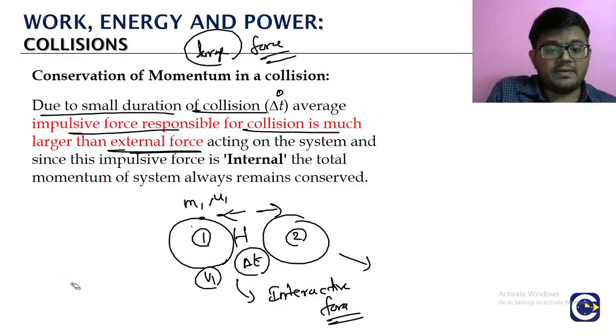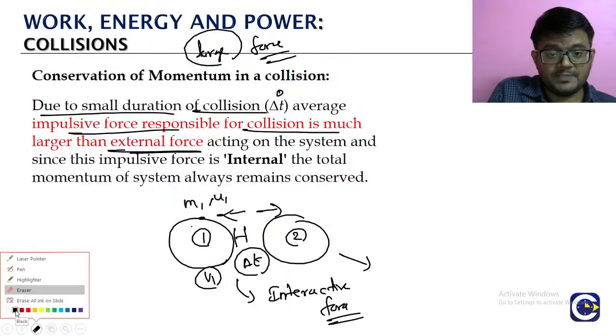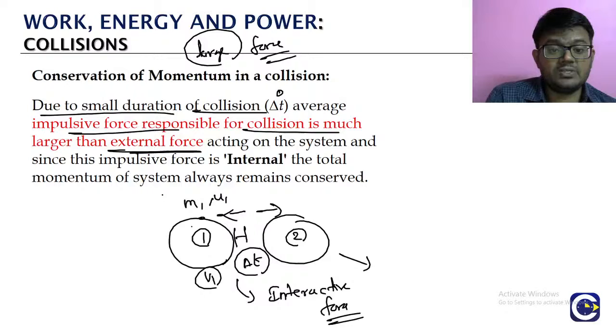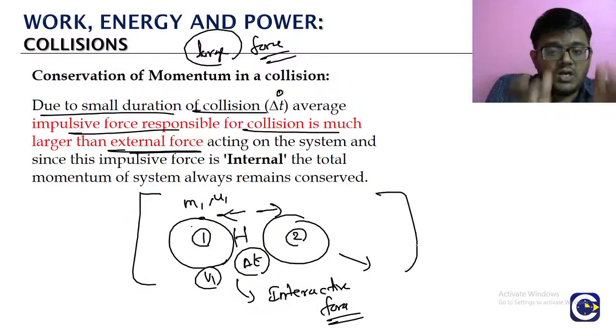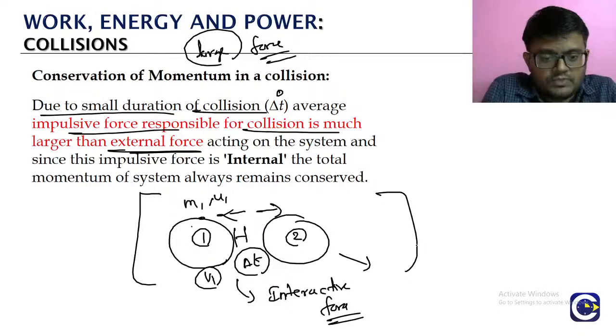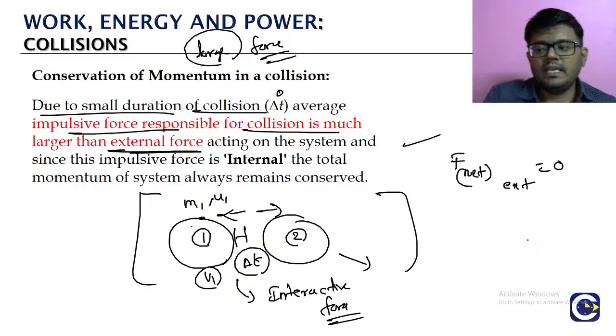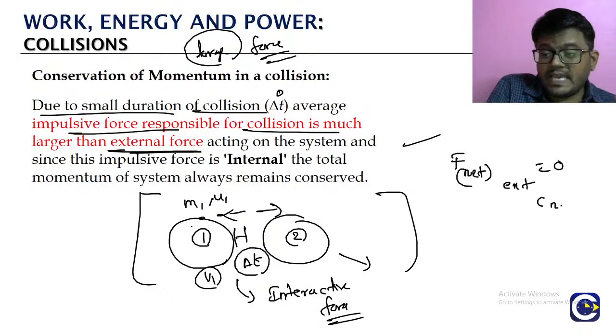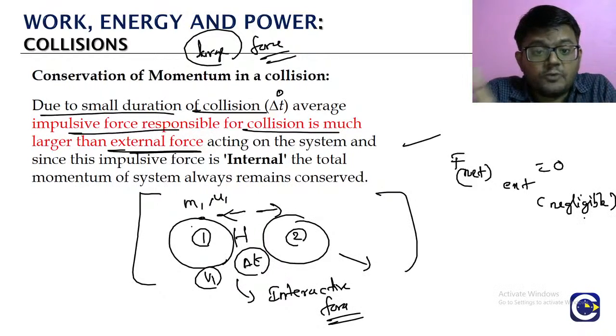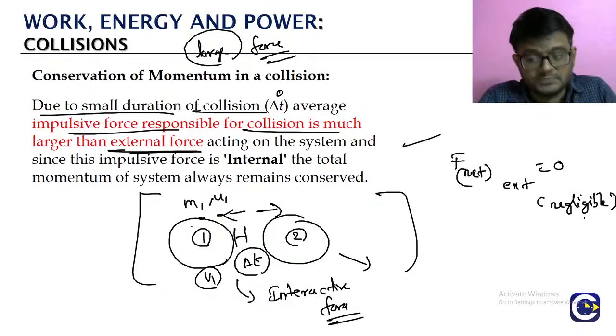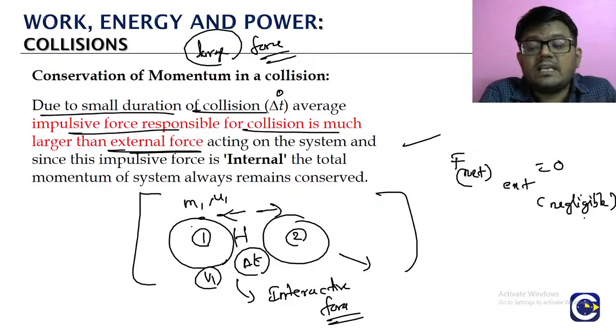Now, when we talked about the conservation of momentum principle in Newton's laws of motion: when you have an object or a group of objects which we call a system, if the net external force is 0, or negligible, because the external force is very small in comparison to the internal force, so we can neglect the external forces during that collision time.